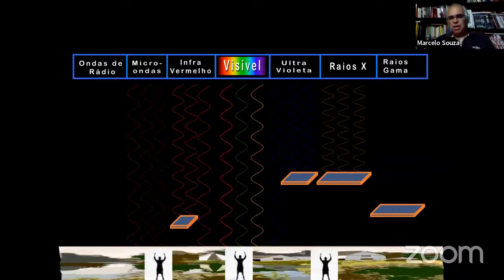And here is what our atmosphere does: it protects us from different kinds of the spectrum. Here you see that only part of the visible, near infrared, near ultraviolet, and also radio waves cross the atmosphere.